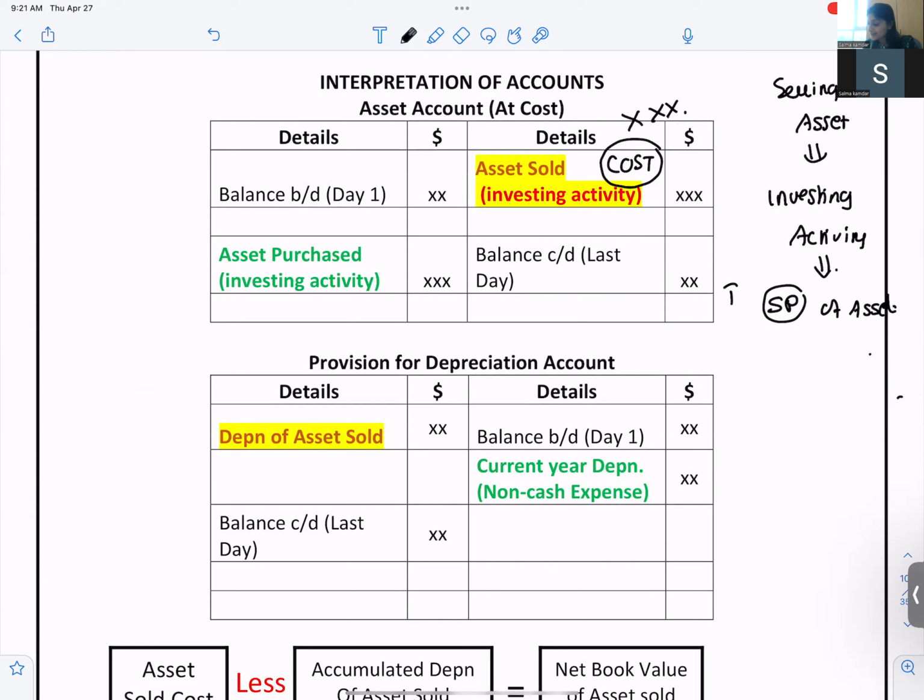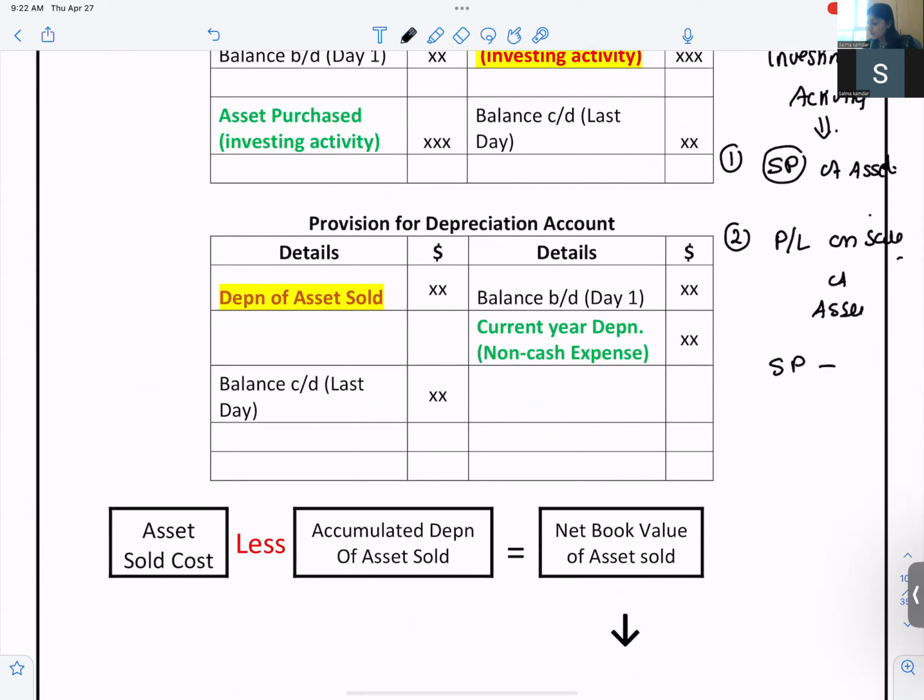Second thing, when you are selling an asset, you have to find out the profit or loss on sale of asset. How do you get the profit or loss on sale of asset? You compare the selling price with the net book value. How do you get the book value?